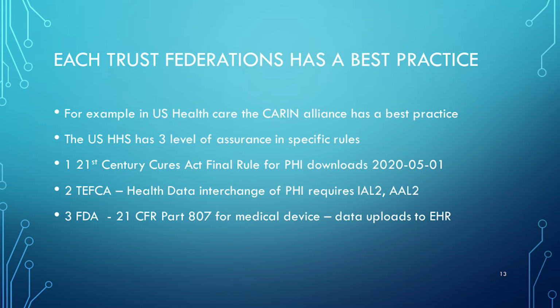For example, in the medical industry, level 1 is the ability to download data. Level 2 is the ability to exchange data between unrelated sites. And level 3 is where you actually have data on your phone or in your home that you want to send up. You have to send it up with provenance in order for that to be entered into the electronic health record, and that's done by meeting the FDA requirements. Go to the next slide.